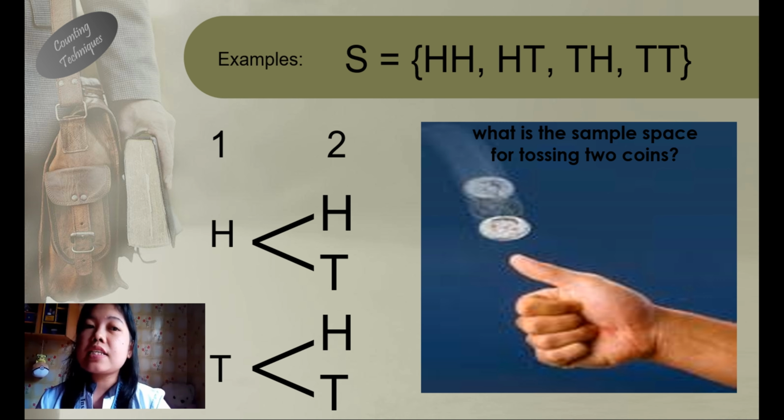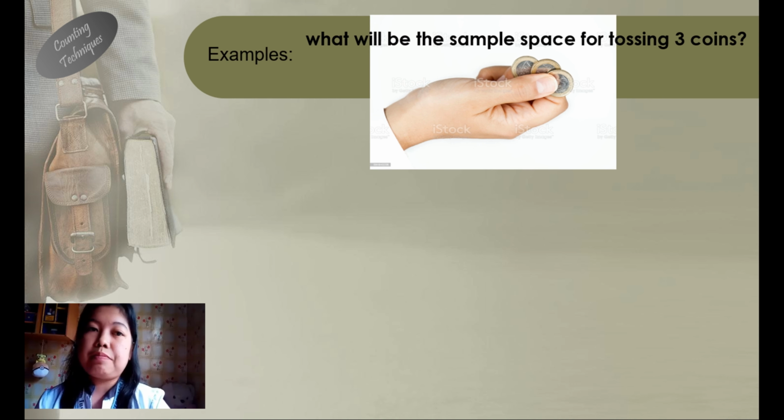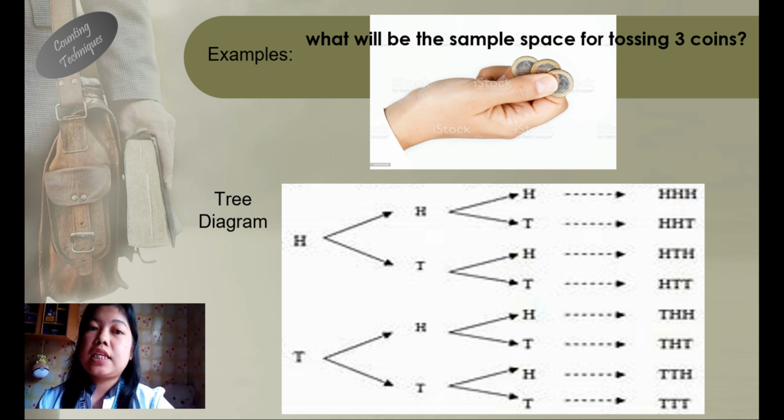So, let us now make it three coins. What will be the possible outcomes, or what is the sample space for tossing three coins? Let us use the tree diagram again to know the sample space. On the first flip, we get heads and tails.